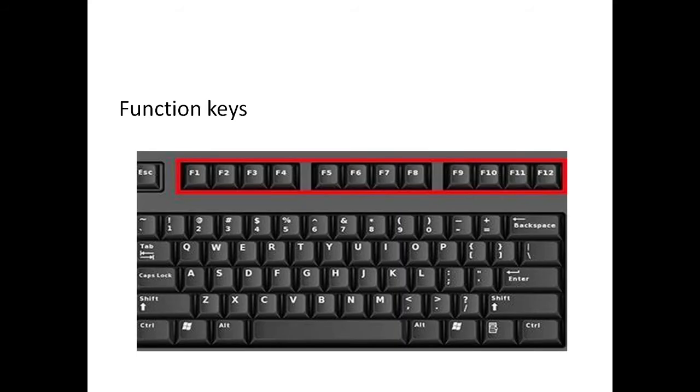Third one is function keys. Function keys are the keys which are used to perform different functions on the computer. Function keys are marked with F1 to F12. There are 12 function keys.